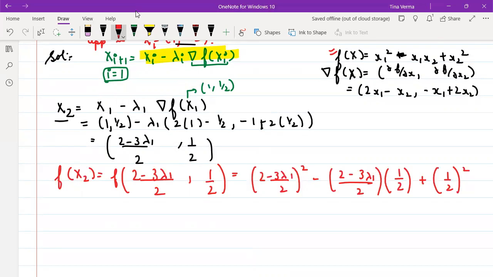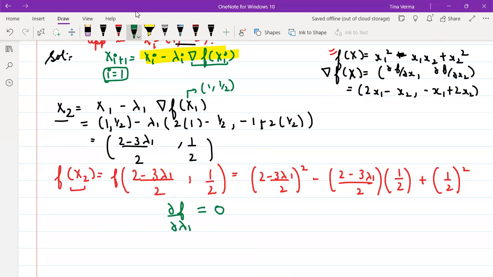Extrema point, your point of minimum. That you take the partial derivative with respect to any variable and take it equal to 0. So since we have this function in terms of lambda 1, if I want to find the value, I have to do curl f by curl lambda 1 equal to 0.